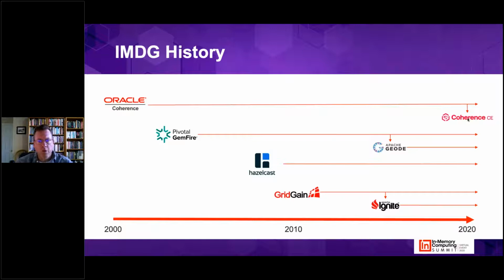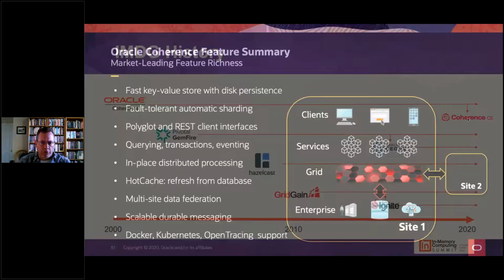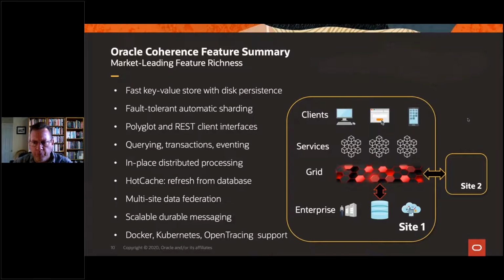So that's a little bit of the landscape. And I noticed at this conference that there were a number of product specific sessions. So I just wanted to put in one or two slides to talk about Coherence. This is the Oracle template now. So just a quick feature summary on Coherence. One of the things that we have that you don't get in, for example, Redis, is fault tolerant automatic sharding.